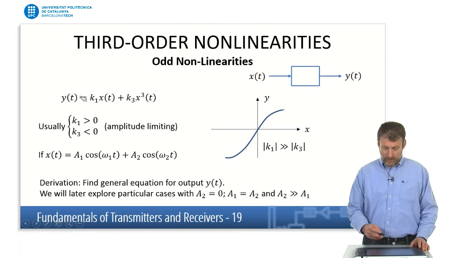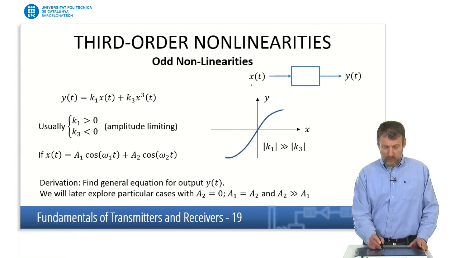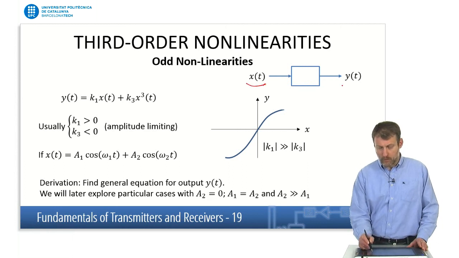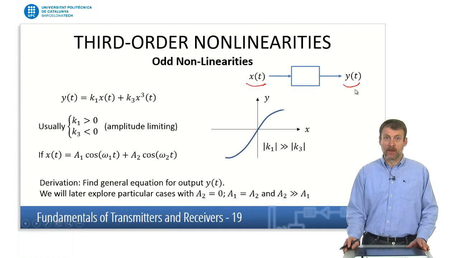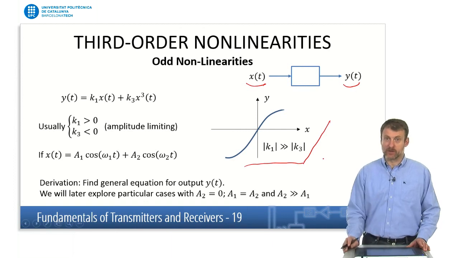Normally, we will make a very simple model for analyzing the nonlinear behavior. We'll make a very simple model of our components. In this model, we will treat our components as a black box having an input x(t) and an output y(t), right? And the dependence between x and y is the one that's graphically shown in here.